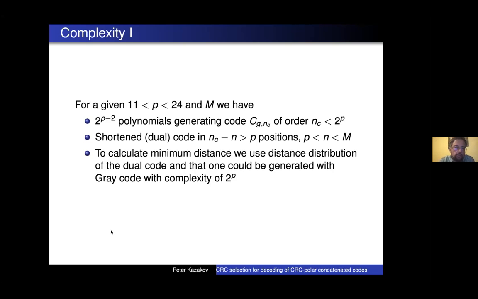We are shortening them in a number of positions, and we are using the Gray code to count the number of words. So this algorithm works quite nicely on a normal computer nowadays for dimensions p equal to 16, 17, 18. But with the increase of the complexity, it gets slower and slower.